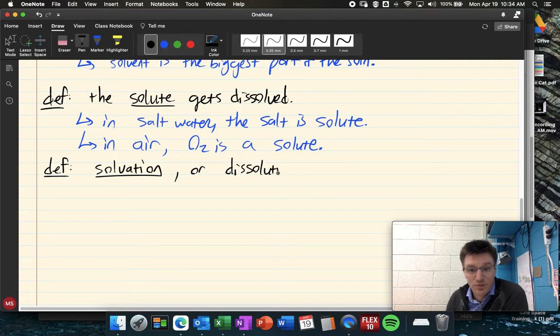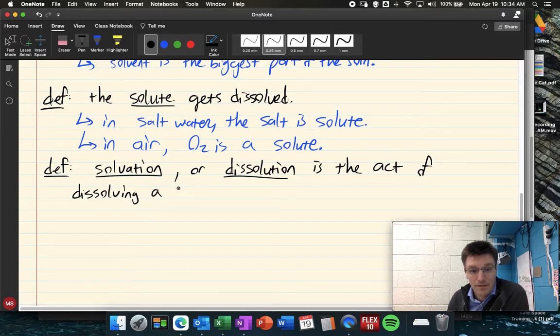Both of these words mean the same thing, okay? And that is the act of dissolving a solute. And that should get us started.